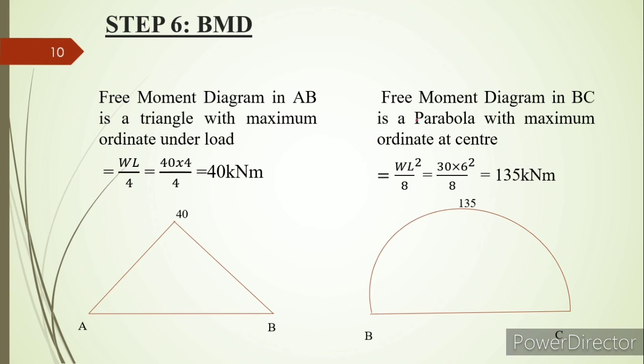Substituting the value, here in the question W is equal to 20, so 20 into 6 square by 8 will be 90 kilonewton meter. Small correction: the 90 kilonewton meter is the maximum ordinate value of the bending moment diagram due to external loads. So this will be the bending moment due to the external loads.